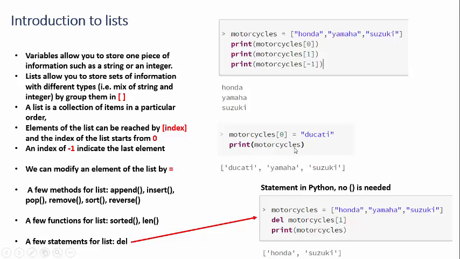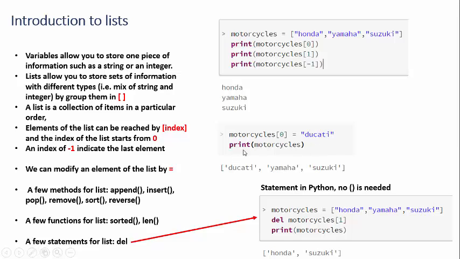For example, if we type in motorcycles index 0 in a square bracket equal to "Ducati", then the first element, indexed by 0, which used to be Honda, is going to be replaced by Ducati.